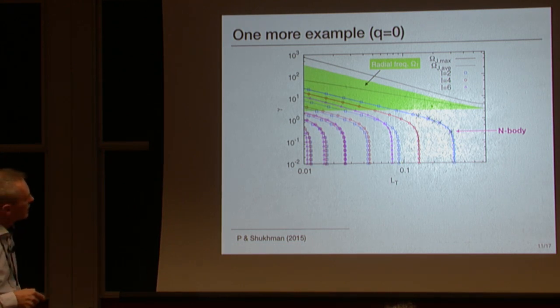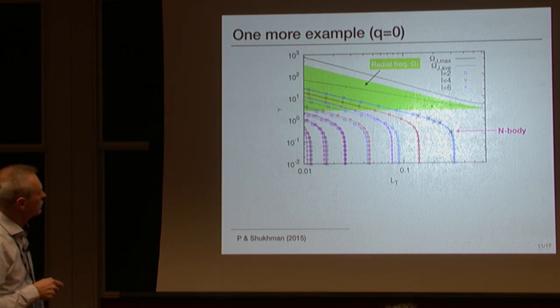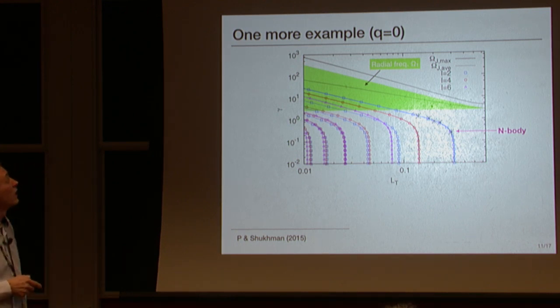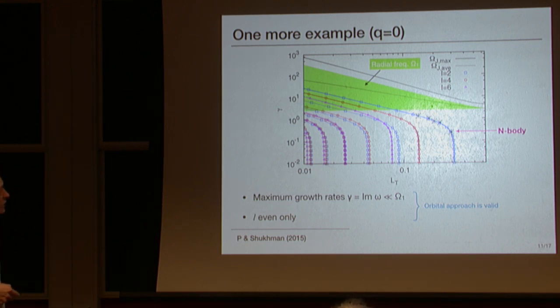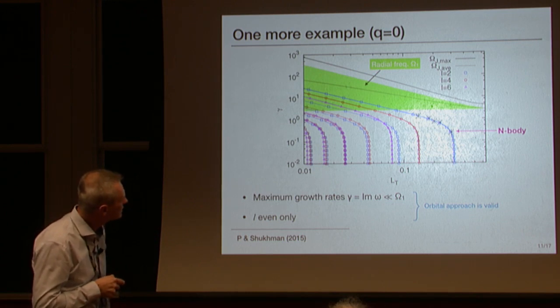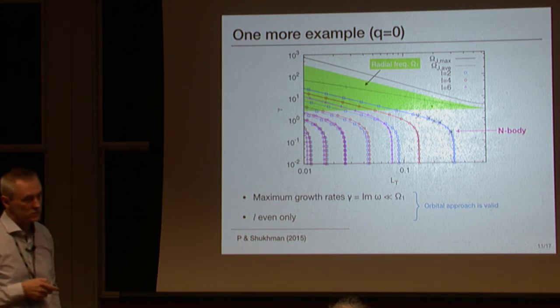There are several, and we see that the maximum growth rates are, in the log scale, much smaller than the maximum of the radial frequency. And another thing is that we have only even harmonics, so there are no odd harmonics, and it seems that the orbital approach is valid for this case. And also we see here black stars, which show consistency with n-body simulations.